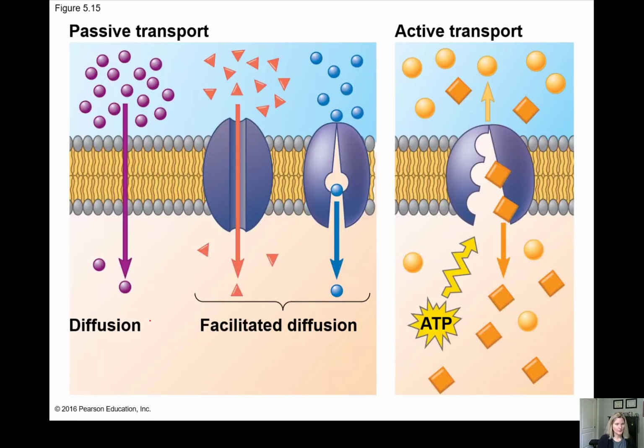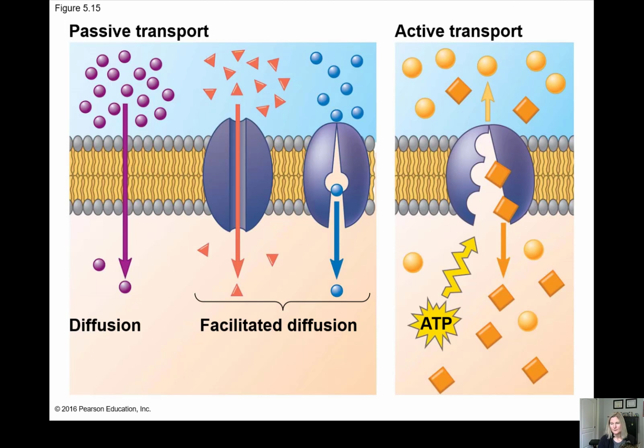Okay, so this is just summarizing passive transport. So we're going from high concentration to low concentration. Active transport, we're going the opposite. So here you can see we have very little of these little circles, okay, and we want them to leave the cell. We have very little of these squares on the outside, but we want them to enter the cell at a higher concentration. Okay.